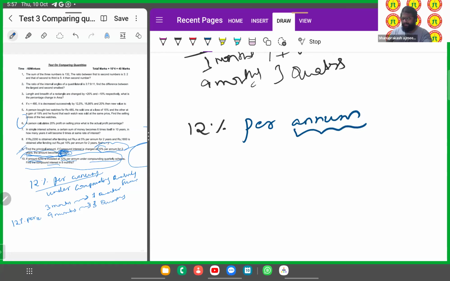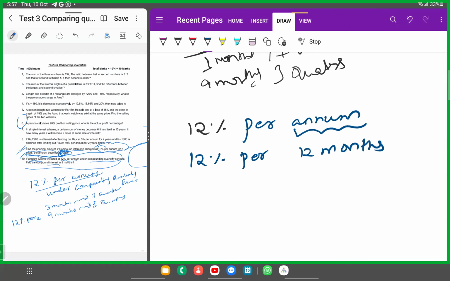Can I write it as 12% per 12 months? Yes, sir. So 1 annum has 12 months. So 12% per annum is 12% per 12 months only, no?